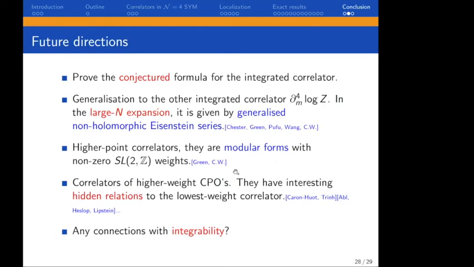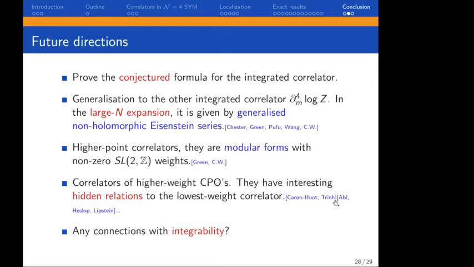Finally, well, not yet finally. Here I discussed the 4-point correlators for the lowest weight operator. I call it O2, namely they have conformal dimension 2. But clearly, it would be interesting to extend and study the correlators with higher weights.